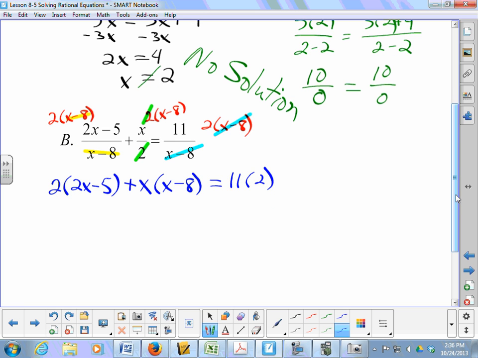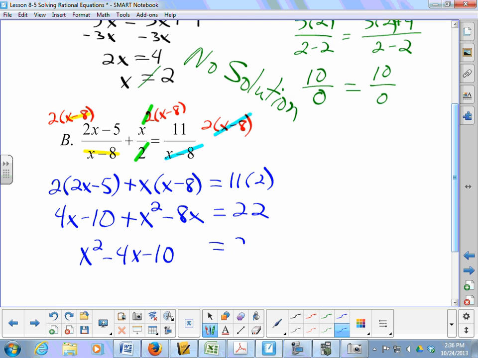All right, so I'm going to do my distributing. And then simplify the left side. So we're just doing some basic algebra here.